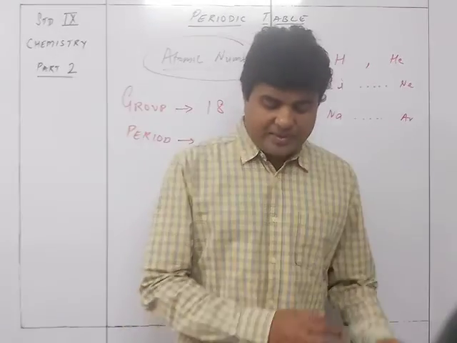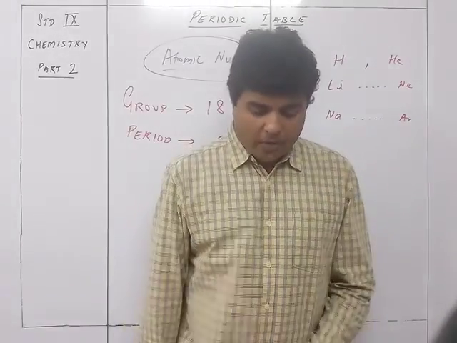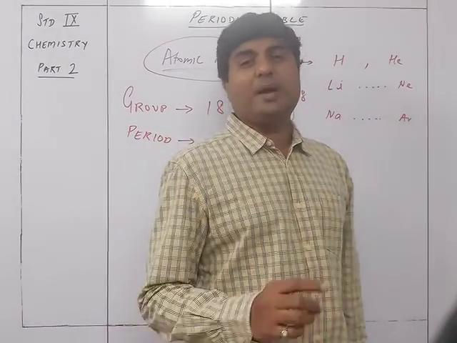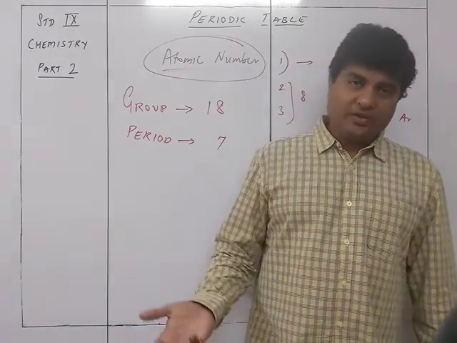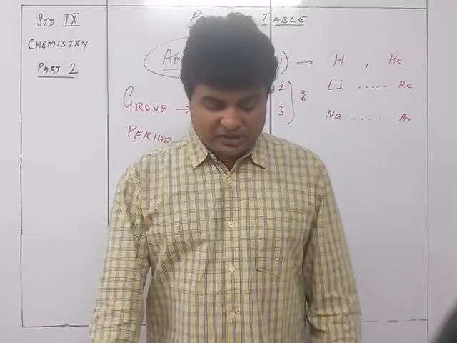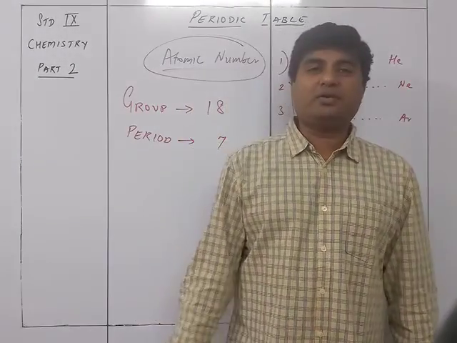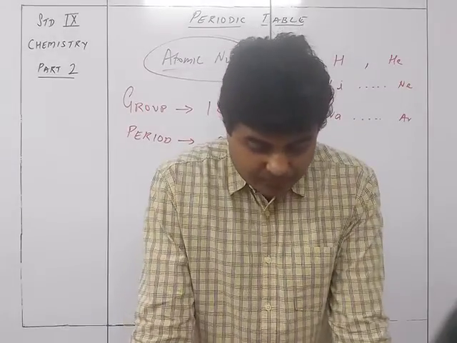The transition will be from metallic to non-metallic. The valence electrons increase by 1 as we move from left to right. So as we move from left to right, the transition goes from metallic to non-metallic, and the valence electrons increase by 1.